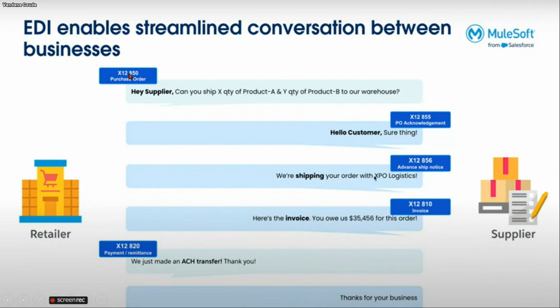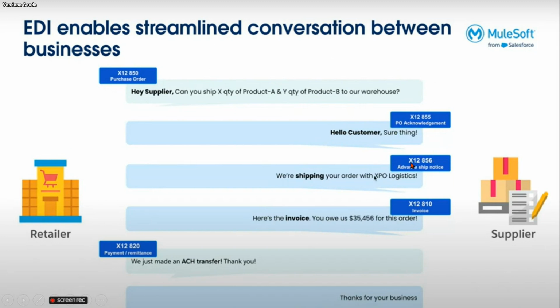For example, X12 850 is used for purchase order. The purchase order asks, can you ship this quantity of product A or B to the warehouse? Then for the acknowledgement transaction, it will reply, hello customer, sure thing. So this is how a B2B EDI will work.